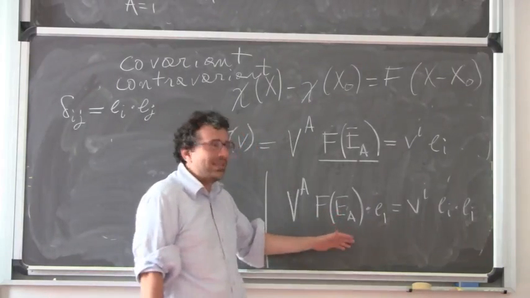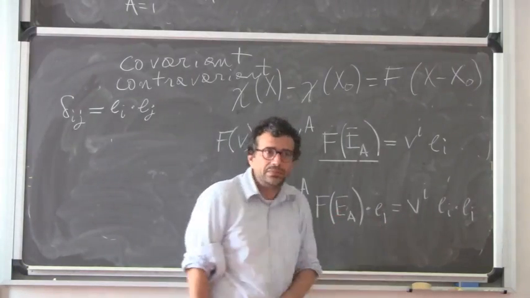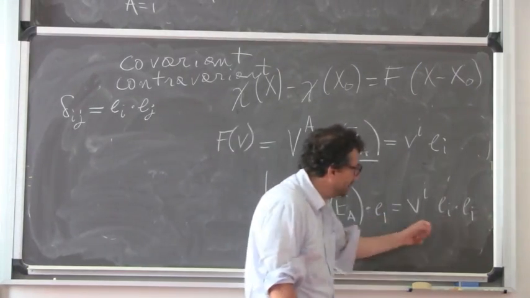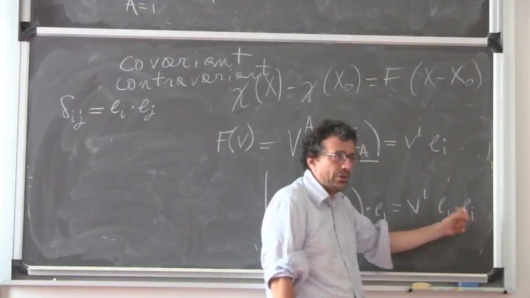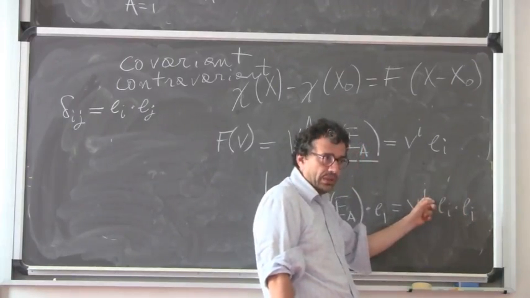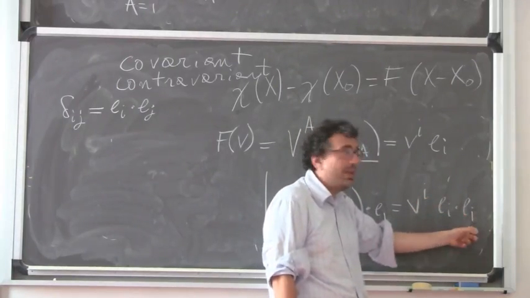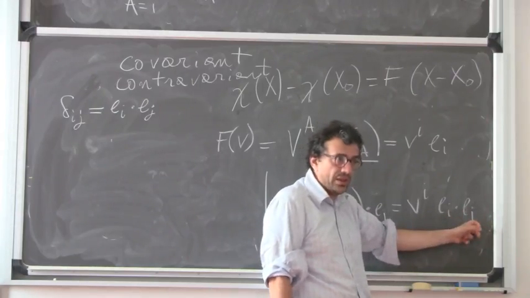So, let us start and say, oh, I choose E1. Here, E1 dot E1 is equal to 1, so you get V1. Then E2 dot E1 is 0, E3 dot E1 is 0.